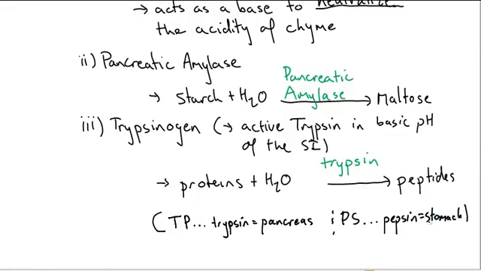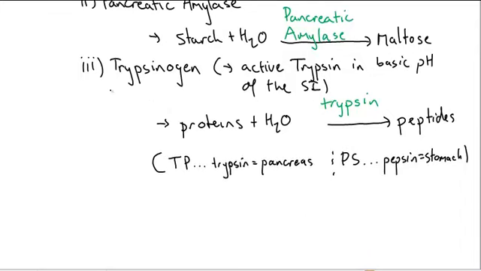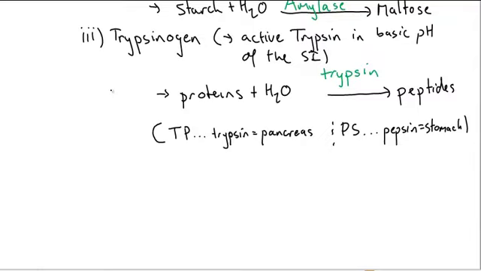And then you just have to remember, anything from the pancreas works in the small intestine. So now we've taken care of our starches, we've taken care of our proteins.